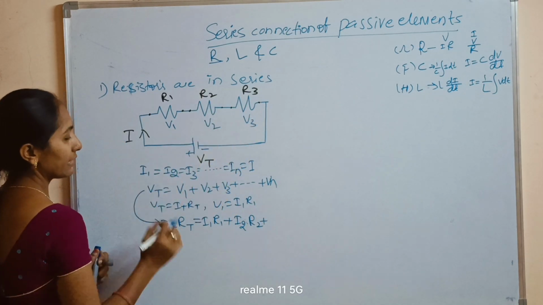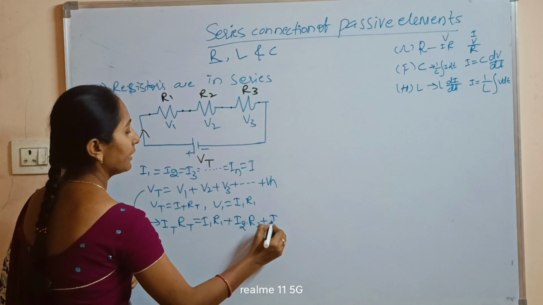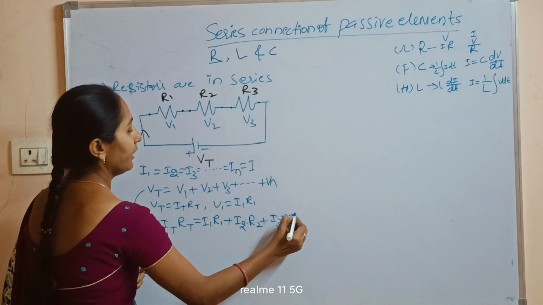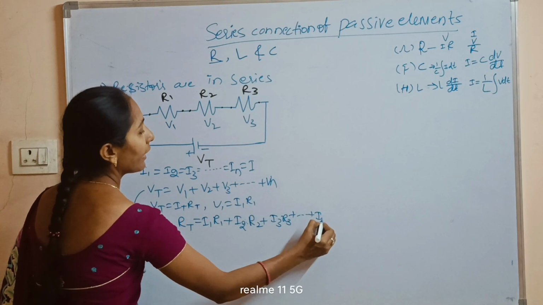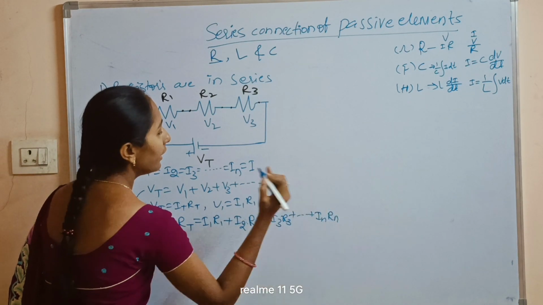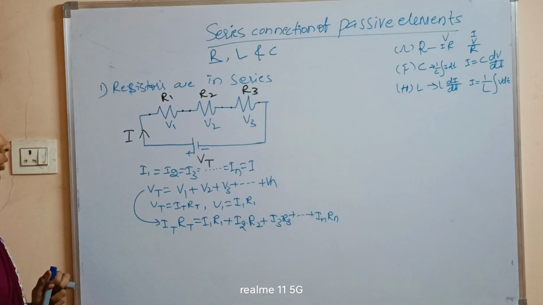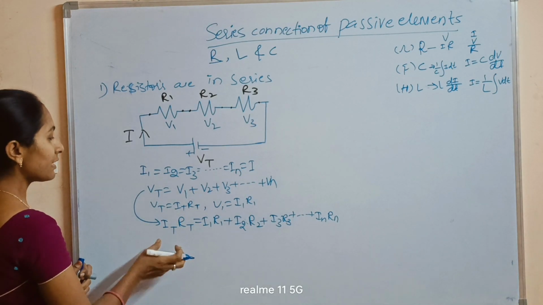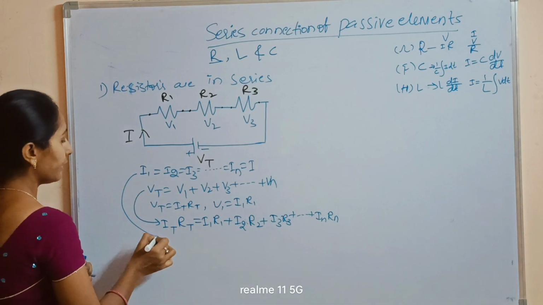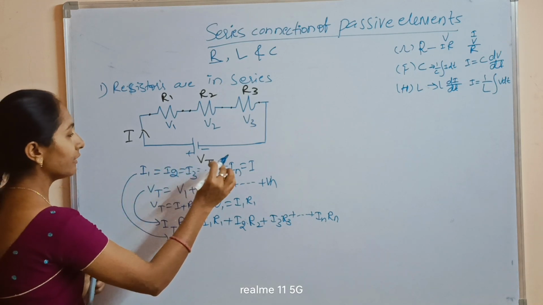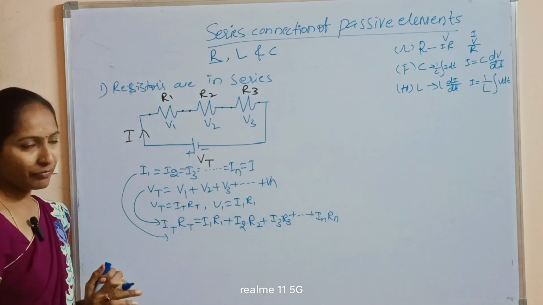The voltage across resistor R3 is I3 into R3. If n are connected in series, we get In into Rn. Now I can say that I1, I2, I3, In are all nothing but I.